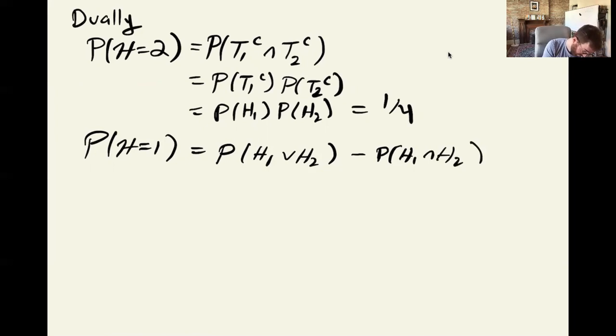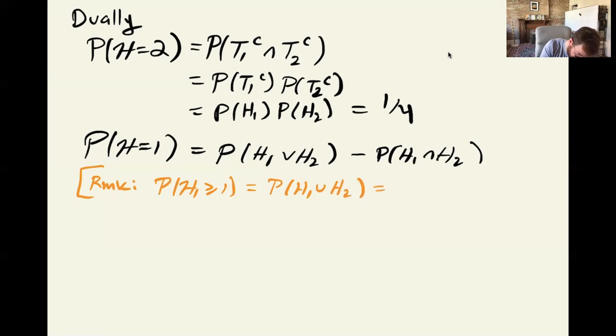Right, so I'm just going to make a little remark. If I want to know the probability of H being greater than or equal to 1, I could just compute this as the probability of H1 union H2, which we know by the inclusion-exclusion principle is the probability of H1 plus the probability of H2 minus the probability of H1 and H2 happening.